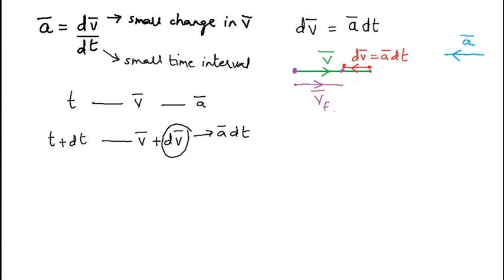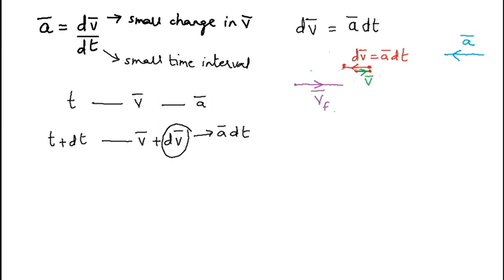Of course, we could have a situation where the initial velocity is so small, so I'll just rub this vector out and I'll make it smaller than even a bar dt. For example, the initial velocity could even be 0, but I'll show it in the rightward direction. Its magnitude, the magnitude of v bar, is even smaller than the magnitude of a bar dt.